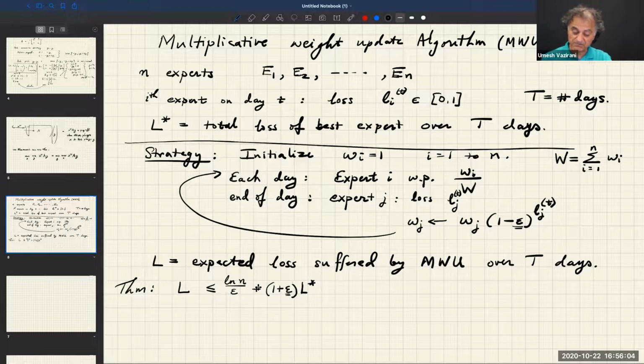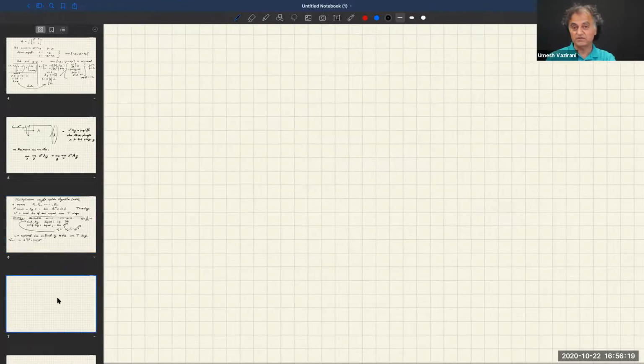The bigger you pick epsilon, the smaller this first term is going to be, log n over epsilon, but the bigger this 1 plus epsilon factor is going to be. So you pick according to whether you want a good percentage or whether you want to pay a bigger fixed cost. That's the trade-off.